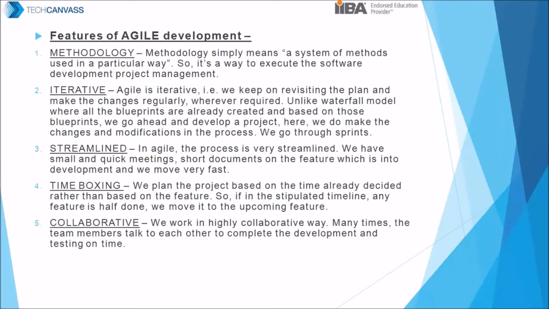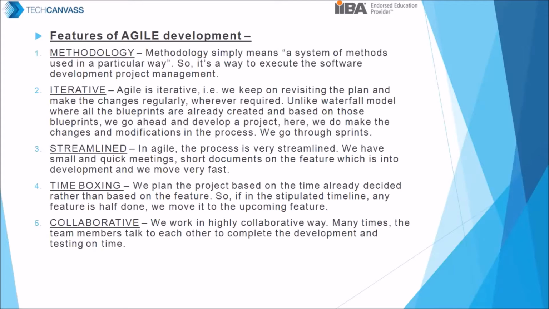The second feature is iterative. Basically, Agile is iterative. In Agile, we create a plan, we make changes regularly, and we execute the plans.